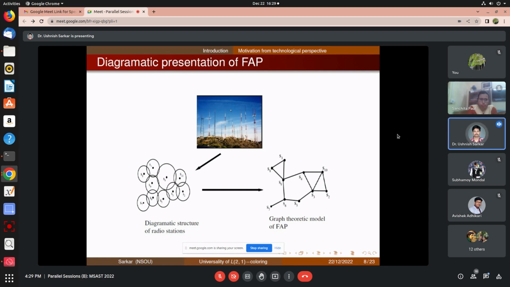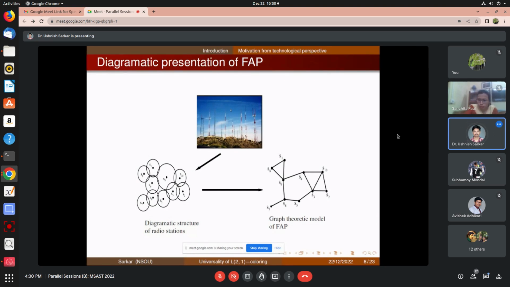And again, on the left, if the regions of transmission of two transmitters intersect, then we put an edge between those two corresponding vertices.